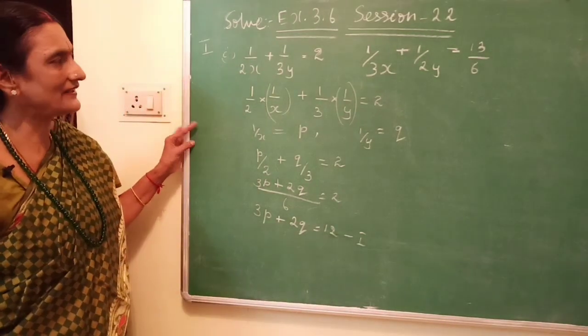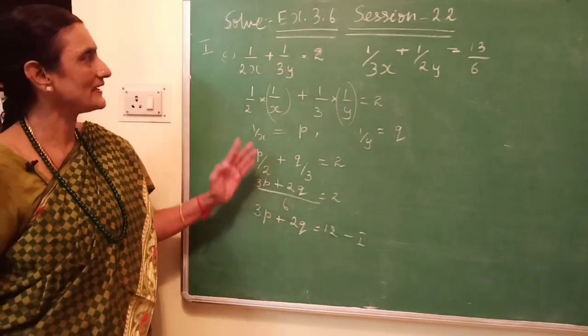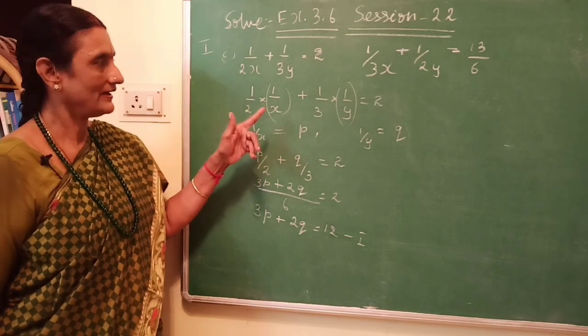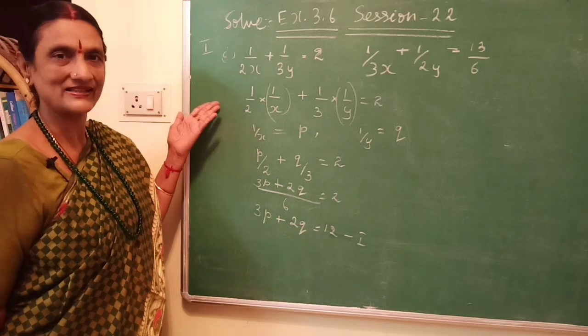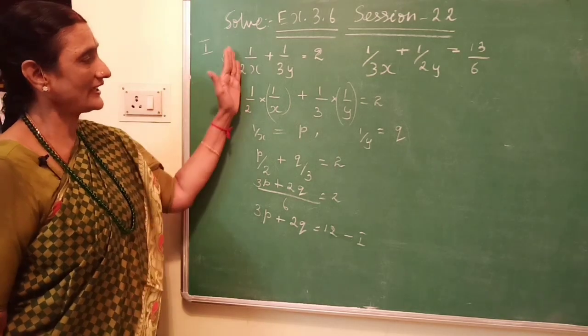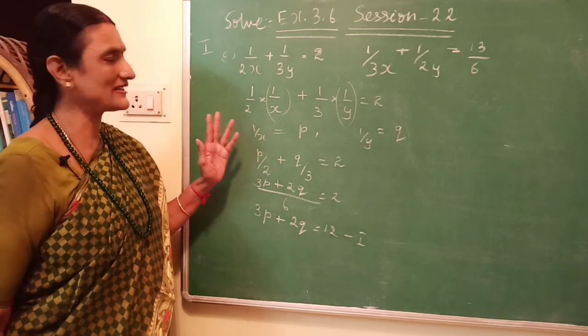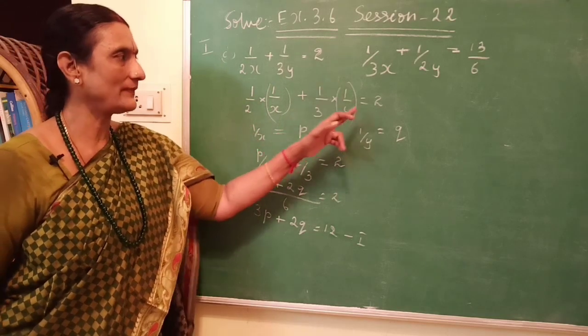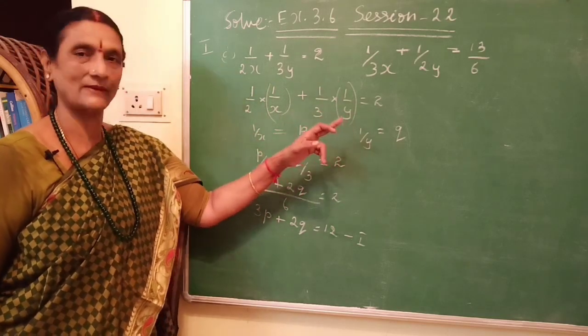Are you understanding? So, once again, we'll go through the steps. Here, the powers of x and y are minus 1 and minus 1, so we cannot proceed as it is. What is the only way? We can go for some substitution. We will substitute 1 by x as p and 1 by y as some q.